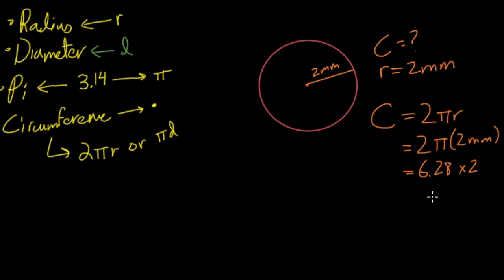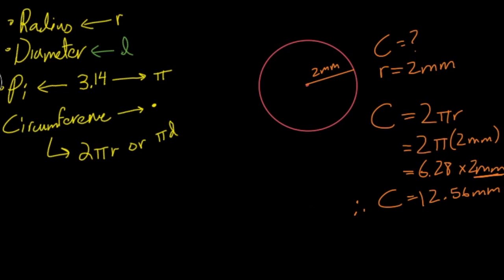Then we multiply by 2 again for the 2 millimeters, and we get 12.56 millimeters. We maintain the same unit here. Therefore, the circumference is equal to 12.56 millimeters.